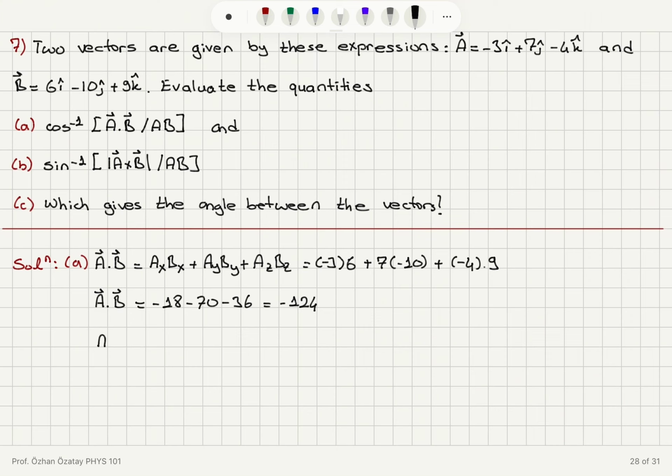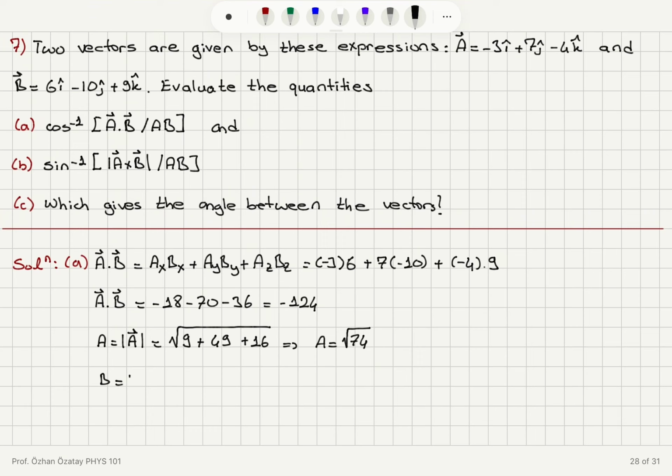Now the magnitude of vector A is the square root of 3 squared, 9, 7 squared, 49, 4 squared, 16, which gives us the magnitude of A to be square root of 74.